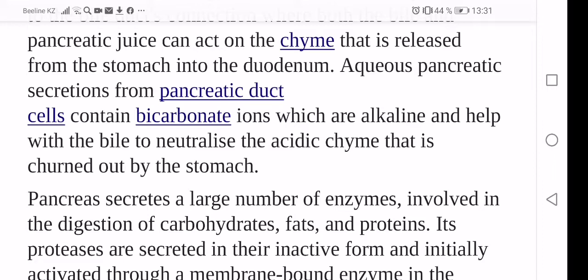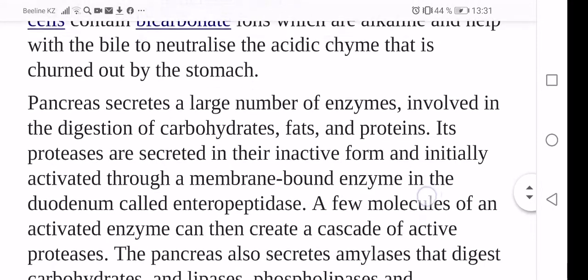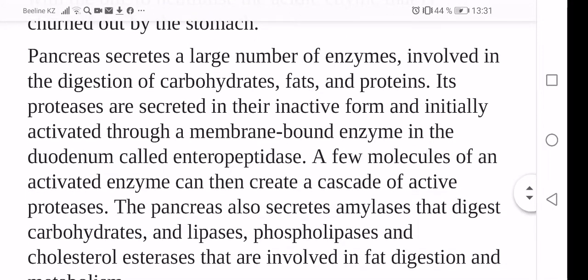Aqueous pancreatic secretion from pancreatic duct cells contains bicarbonate ions which are alkaline and help with the bile to neutralize the acidic chyme that is churned out by the stomach. The pancreas secretes a large number of enzymes involved in the digestion of carbohydrates, fats, and proteins.